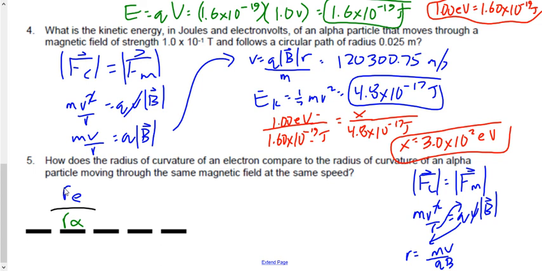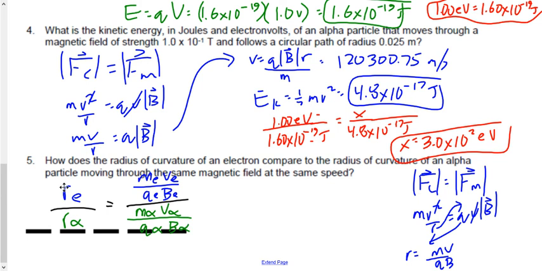So let's say the radius of the electron's path would be m_e v_e over the charge of the electron times the magnetic field strength that the electron experiences, divided by the mass of the alpha particle, the speed of the alpha, divided by the charge of the alpha times the magnetic field strength experienced by the alpha particle.